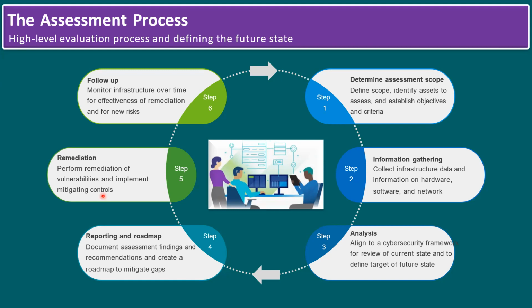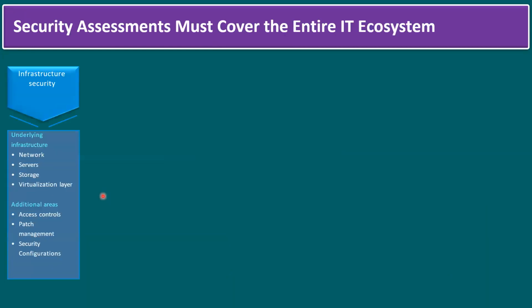Now another key point: security assessments must cover the entire IT ecosystem. The first key point is infrastructure security. The underlying infrastructure's main components are network, server, storage, and virtualization layer. These are all our core infrastructure components.